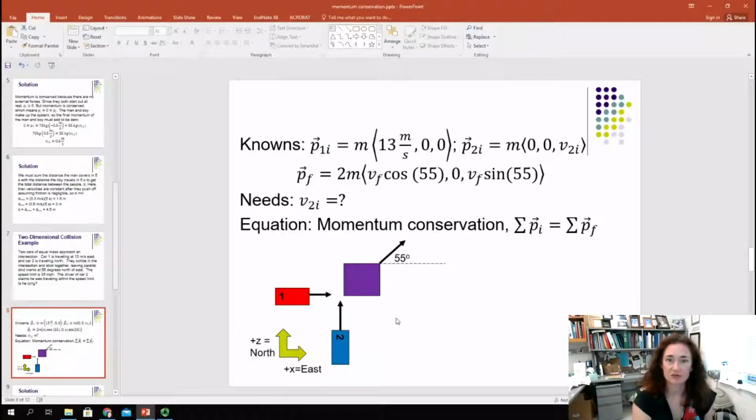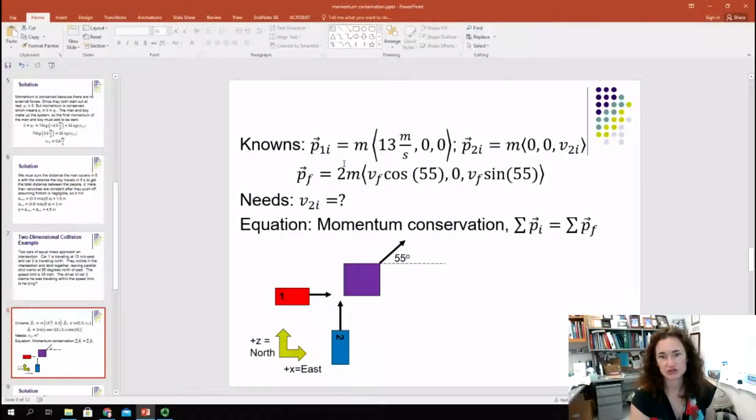Now, next step would be to write down your knowns. Okay, so your knowns, of course, p is equal to mv, momentum is equal to mass times velocity. So p1 initial. Now notice that nowhere in the problem does it tell you what the mass of the cars is, but it does say they're the same. Okay, so I have chosen to call the mass of the cars m, because I'm very creative that way.